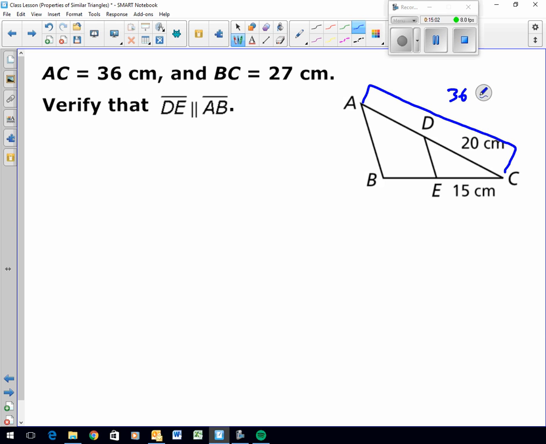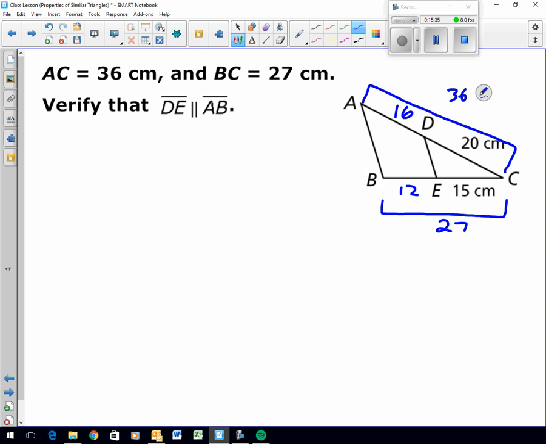A to C is 36. How far is A to D? 16. Very good. 36 minus 20 is 16. It's just subtraction. Do it now in a practice problem, don't do it on a test. And B to C is 27. We've gone 15 centimeters. How many do we have to go? 12.